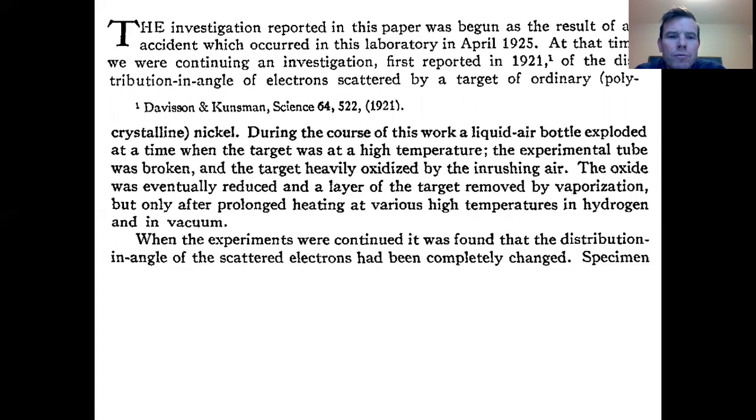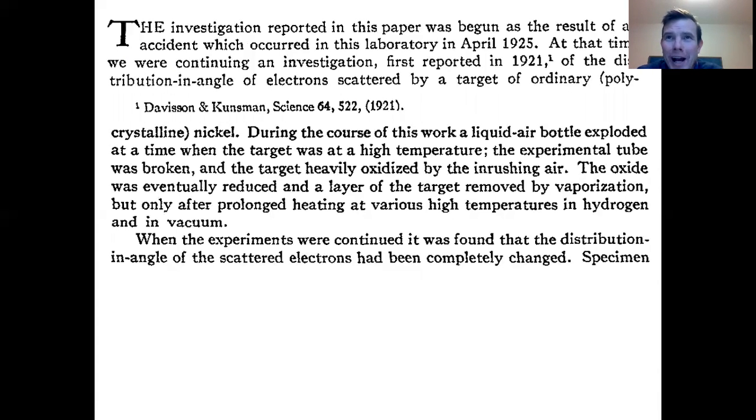The experimental tube was broken and the target heavily oxidized by the inrushing air. The oxide was eventually reduced and a layer of the target removed by vaporization, but only after prolonged heating at various high temperatures in hydrogen and in vacuum. When the experiments were continued, it was found that the distribution in angle of the scattered electrons had completely changed.